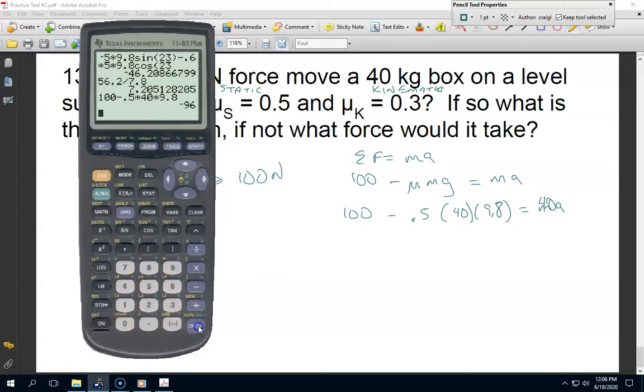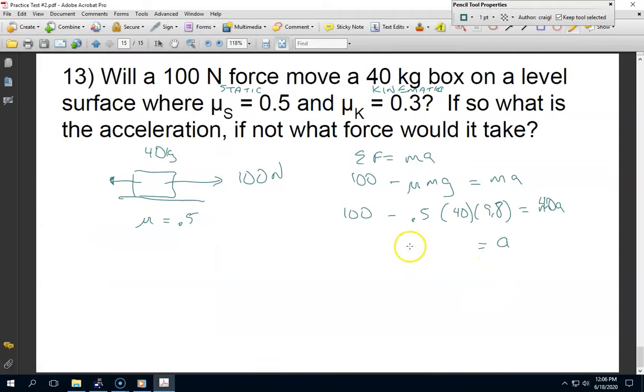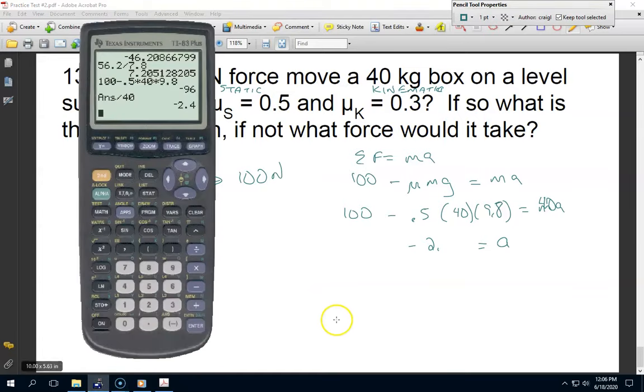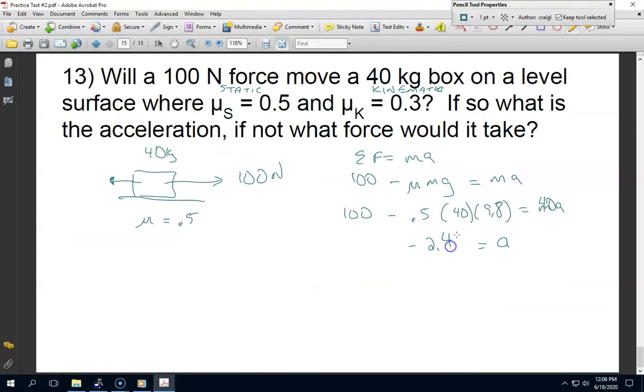The whole left-hand side is negative 96, and then I divide by 40, and I get negative 2.4. Remember, negative points in the opposite direction? That suggests that when I pull to the right, the box accelerates to the left.